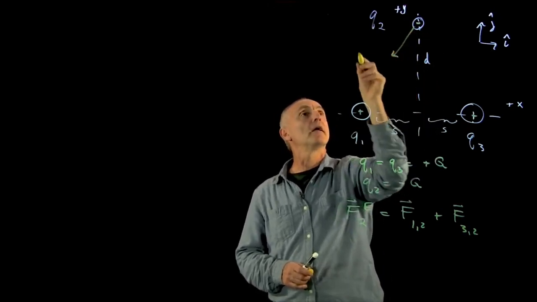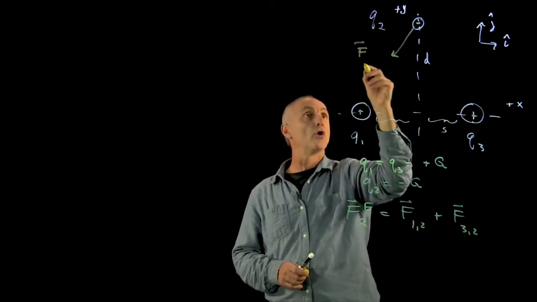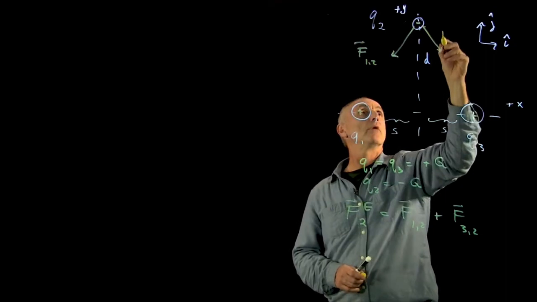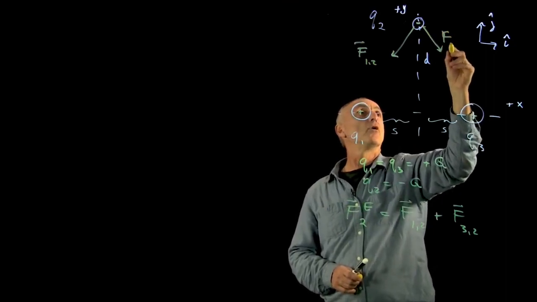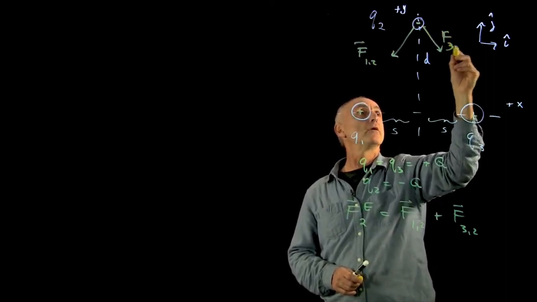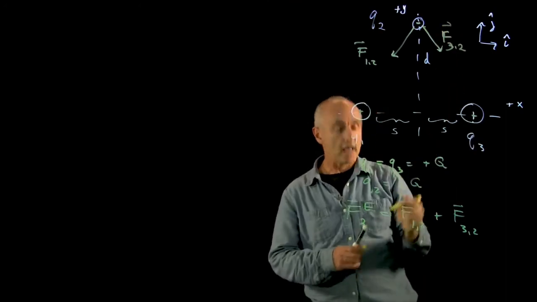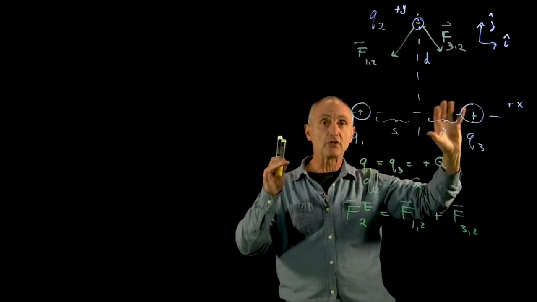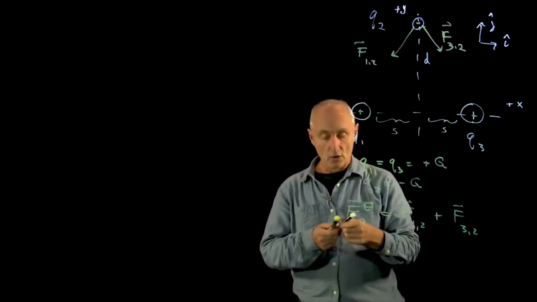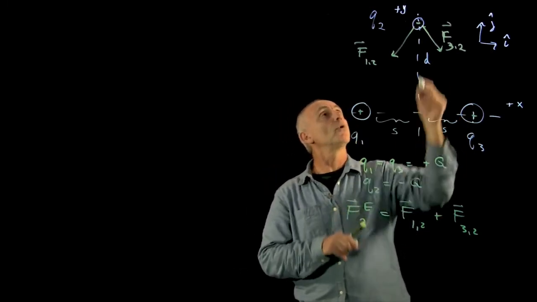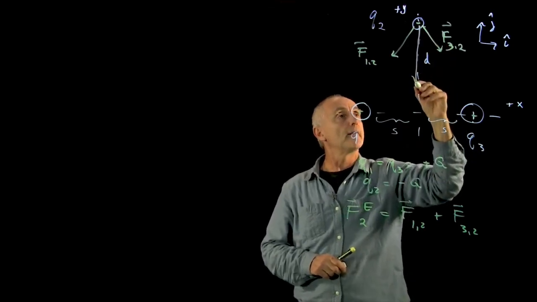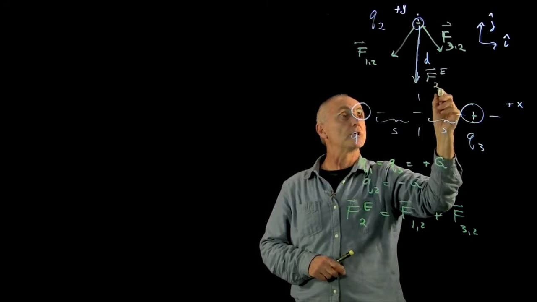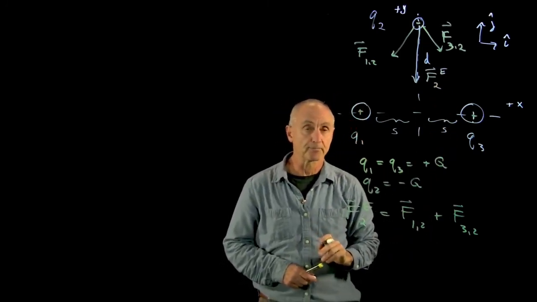And so we can write F1,2, and over here, we can write F3,2. And when we look at the vector sum of these two vectors, by the particular symmetry of this problem, we expect an answer that will point in the minus j hat direction as the total force.